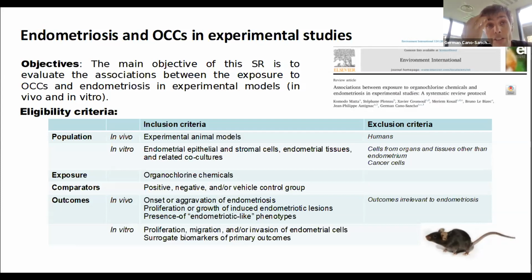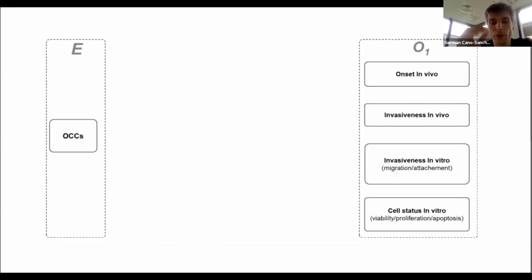And the other thing is we are not providing a systematic review for a regulatory framework, as all of these chemicals are banned. So we are mostly interested to gather the evidence to better understand the underlying pathways and establish a robust conclusion on the causation links.